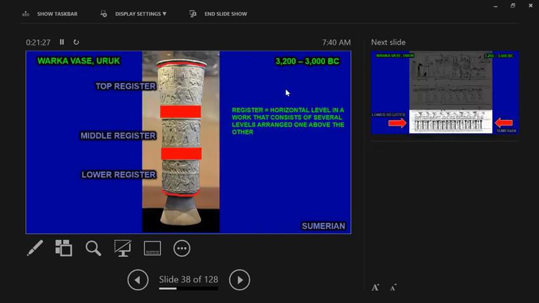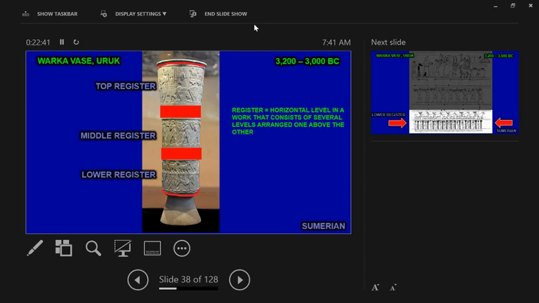All right, and I want to introduce this art history term to you. It's called register. A register is a horizontal level in a work of art that consists of several levels arranged one above the other. So I've drawn on this picture with these red lines to show the different levels. So there's a bottom line down here, and then here's some pictures.